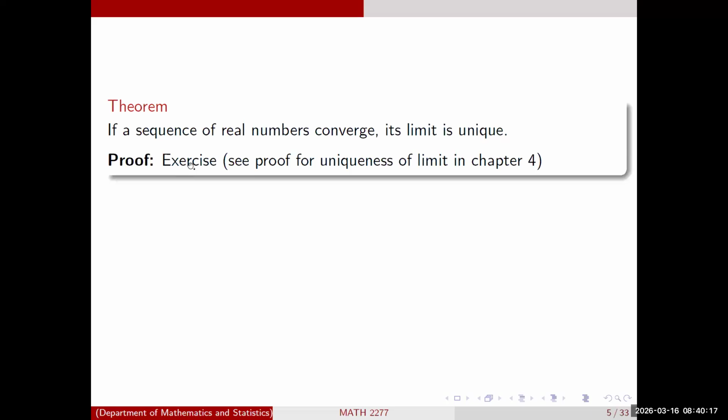right? And you see proof left as an exercise, and I say see proof for uniqueness of limit in chapter 4. This proof is the same proof, except wherever you see delta, remember there's no delta here, you replace it by big N. And wherever you see the limit L, you will of course replace it by x.